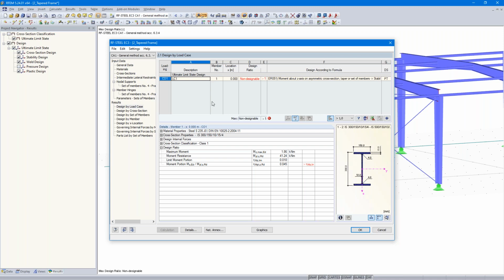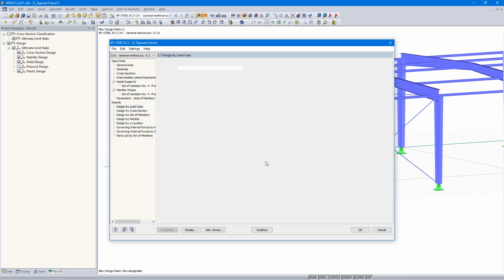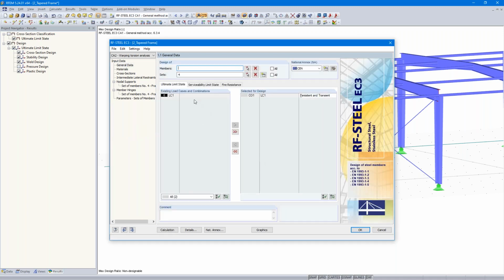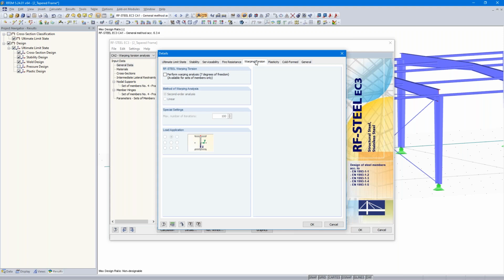That's the reason why we can't design this structure here. What we need to do now is to apply the warping torsion analysis. Therefore, I copy the case and name it warping torsion analysis. Okay. We use the same settings, but in the detail settings I need to activate the warping torsion analysis.